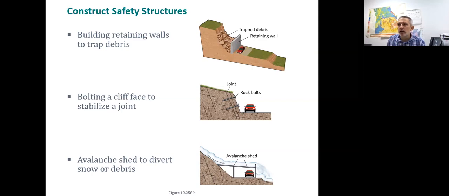I've also seen in places like down 44 on our way to southwest Missouri, what they'll end up doing is putting in a steel mesh net that would actually stop any of this debris from falling off.